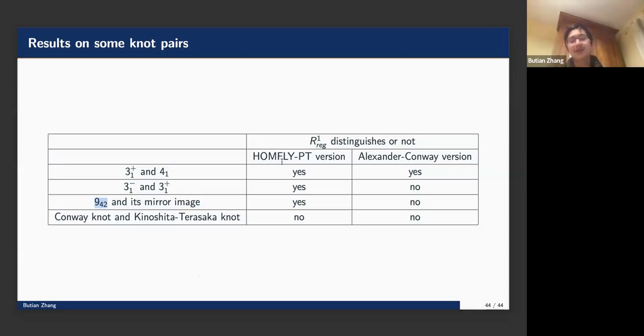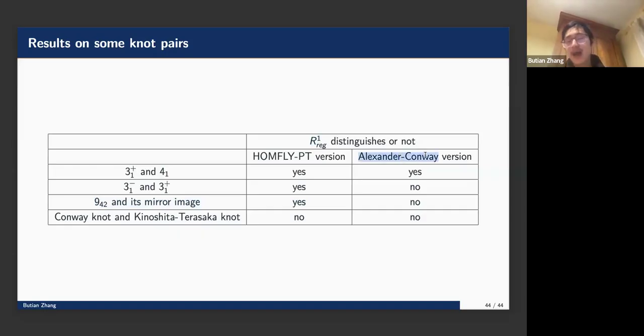Its mirror image and itself have the same HOMFLY-PT polynomial, but they are not isotopic. But our one-cocycle quantum equations here can be used to distinguish them.